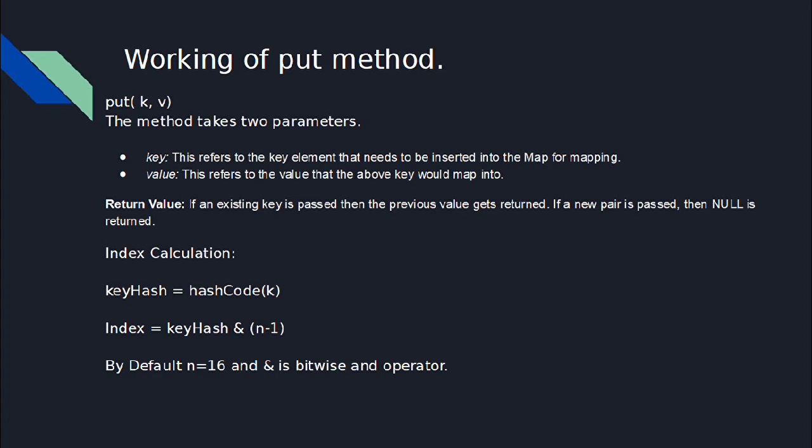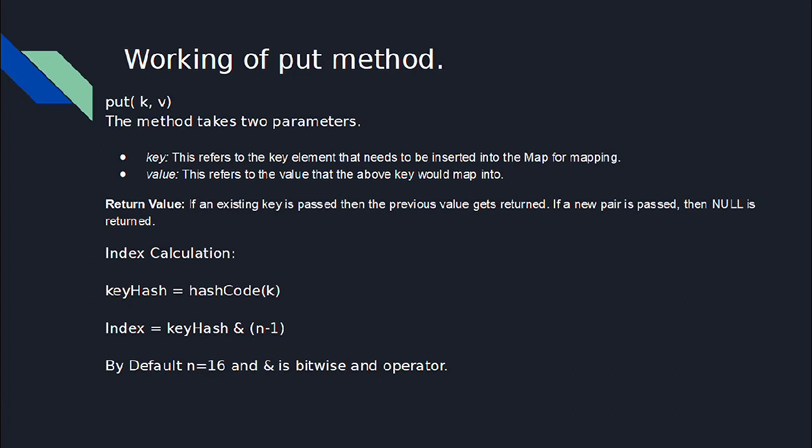Now that brings us to how we populate our hash map using put. For this we use a technique called hashing. We calculate our index using hashing. First of all, we pass the key to the hashCode function and get a hash code for that key.